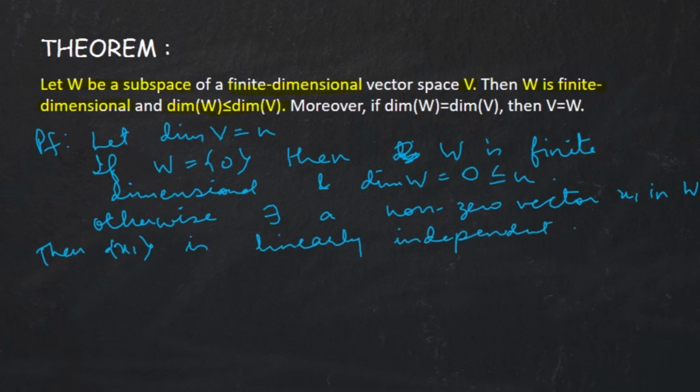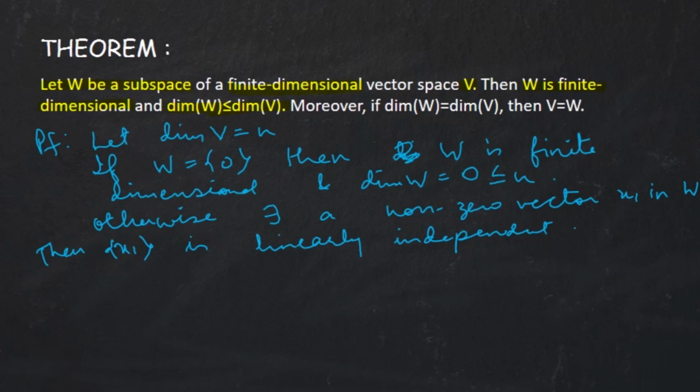Okay, now we've got this linearly independent set. Now we can add more vectors from W to this set such that the resulting set is linearly independent. ठीक है, तो हम क्या कर रहे हैं, इस set x1 को हम बड़ा कर रहे हैं, तो हम इसमें और वेक्टर्स ऐसे ऐड कर रहे हैं कि तब तक ऐड करेंगे जब तक सेट लीनियरली इंडिपेंडेंट रहता है.